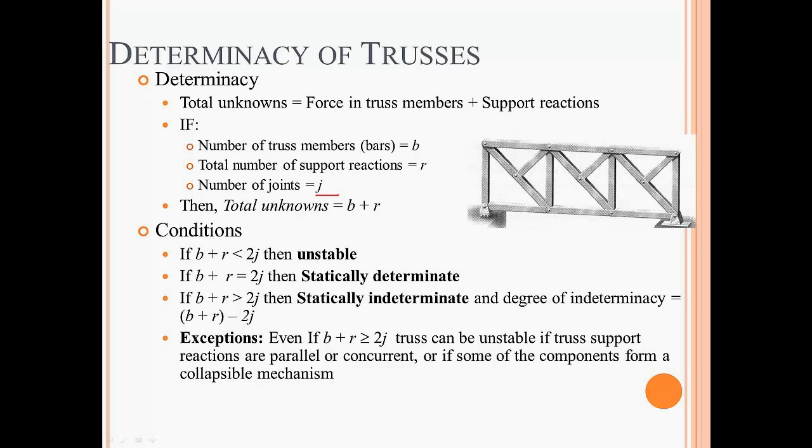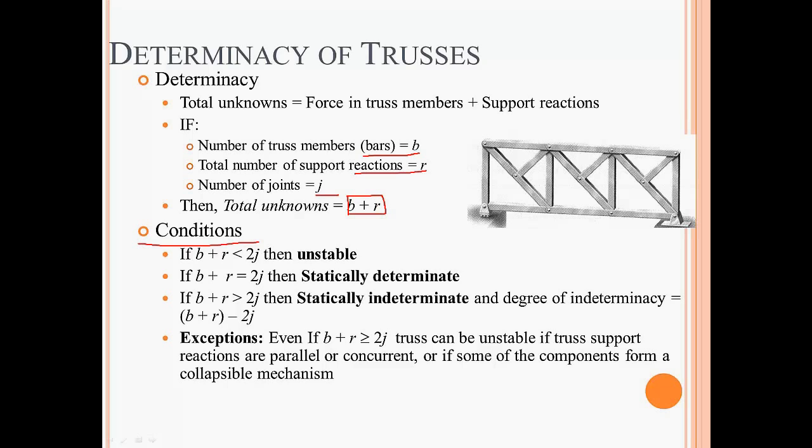Hence, the conditions to find the determinacy of structures are: if B is the number of members, R is the number of support reactions, which means B plus R is the total unknowns.